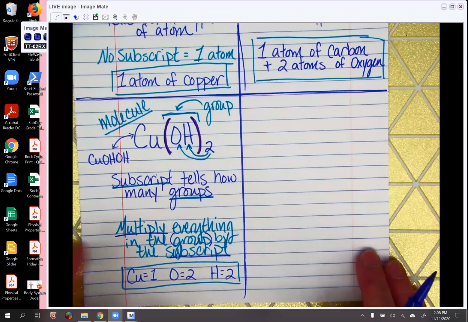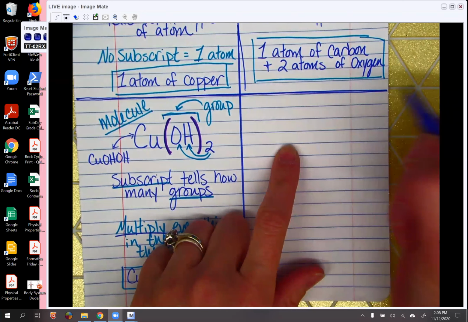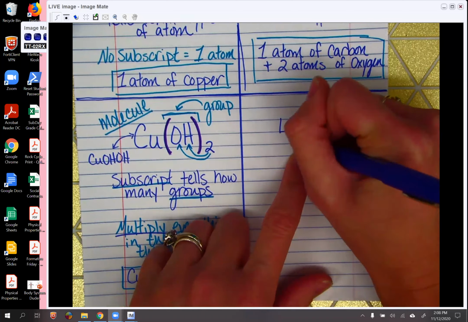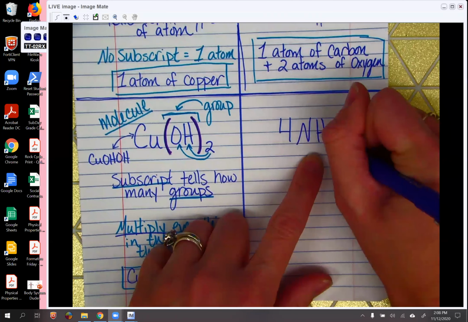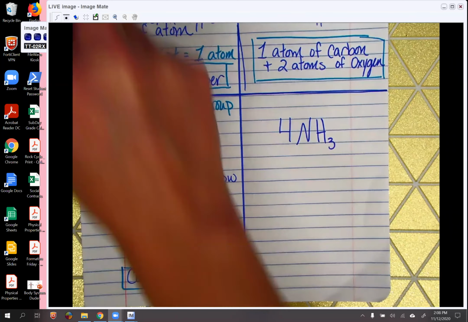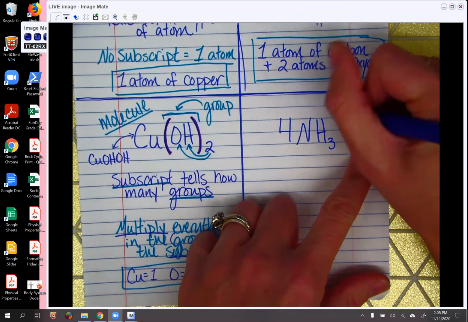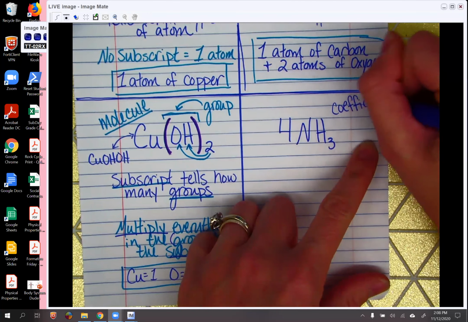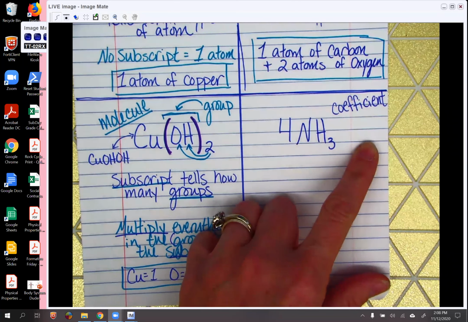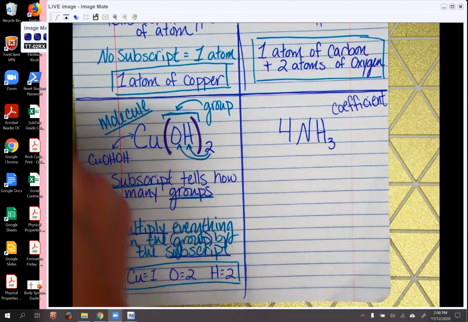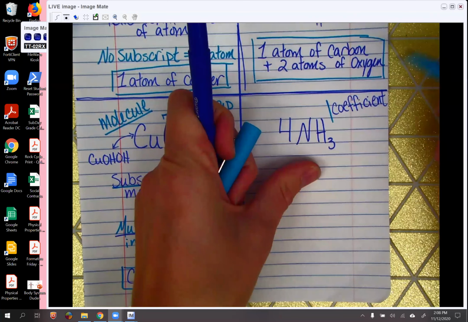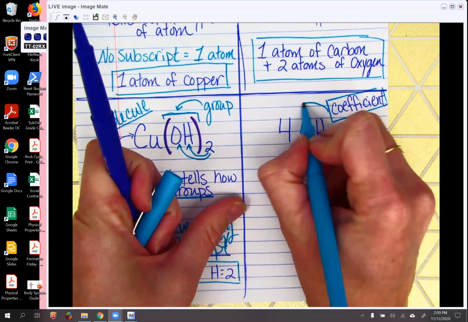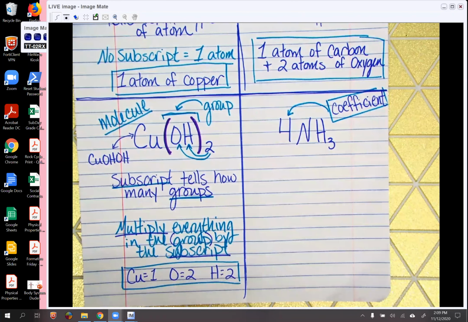So let's look at the last thing we need, the coefficient. So here we've got a big number 4 in front of NH3. So this is called the coefficient. So this big number here in the front is the coefficient.